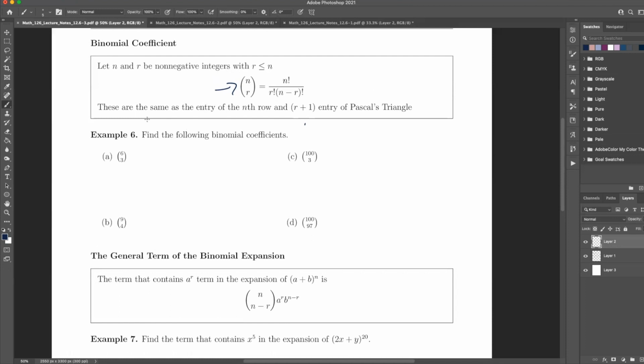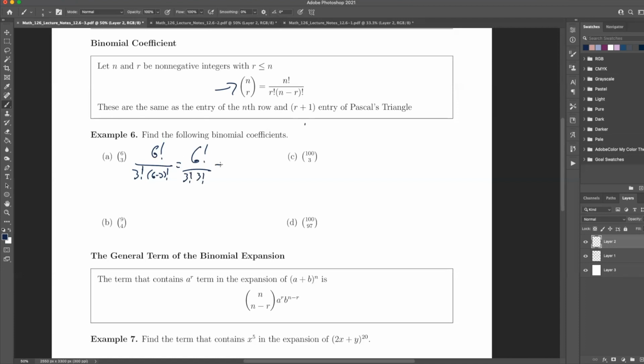So here we'll have 6 factorial over 3 factorial, and this is 6 minus 3 factorial, which is really just 6 factorial over 3 factorial times 3 factorial.